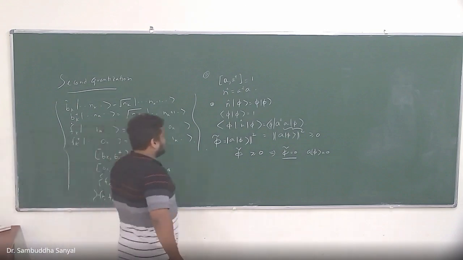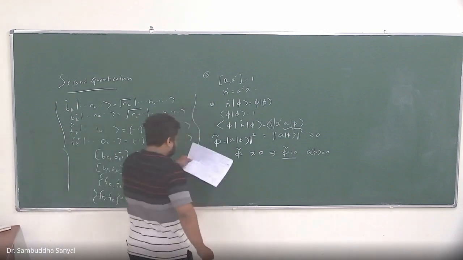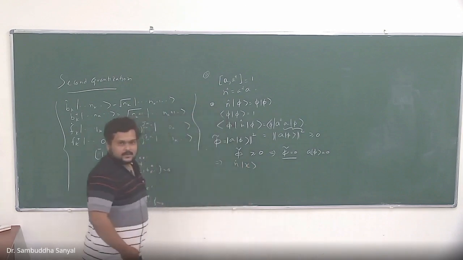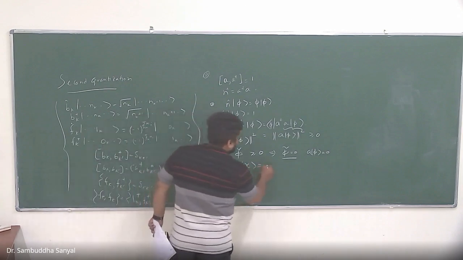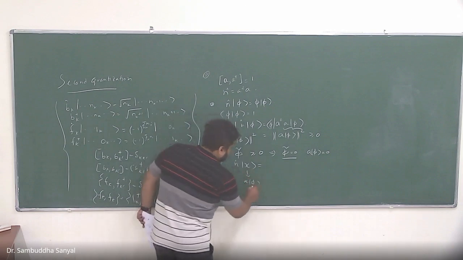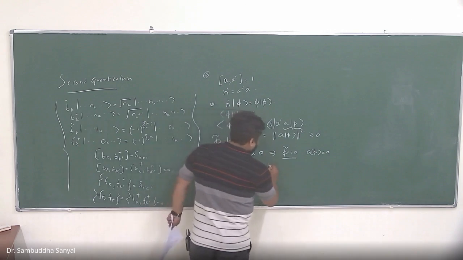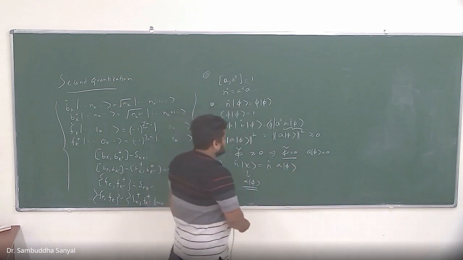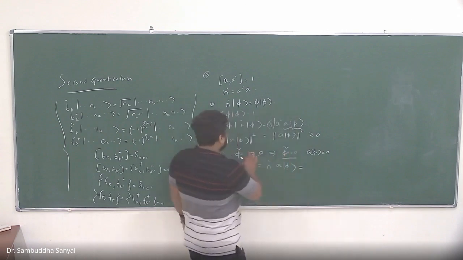Okay. So now what more can I say about this? So let us say I want to act this n on a chi. And what is chi? Chi is basically a phi. So n acting on a phi. What more can I say about this? So notice that what did I find?